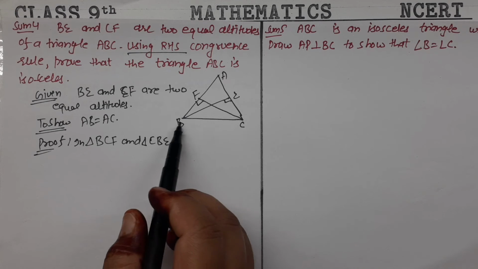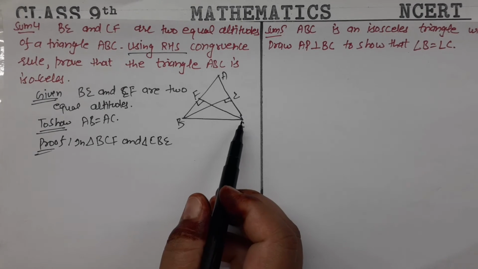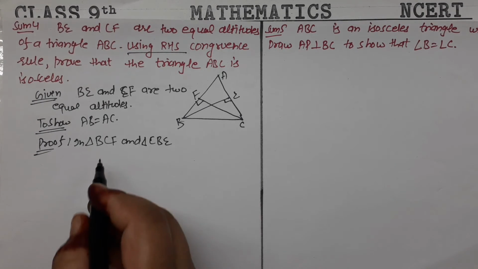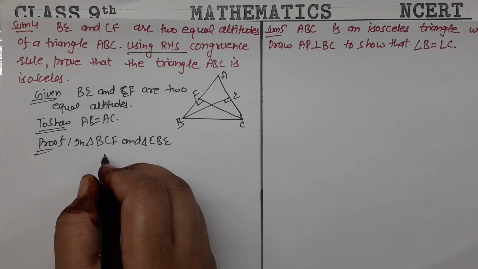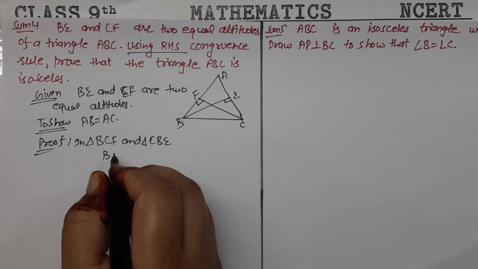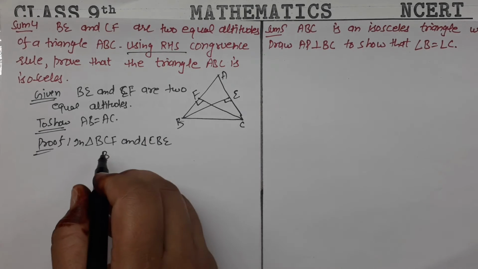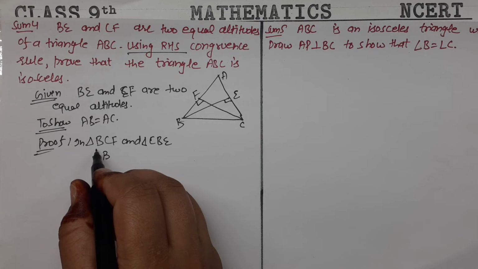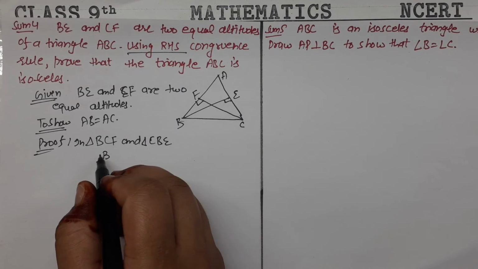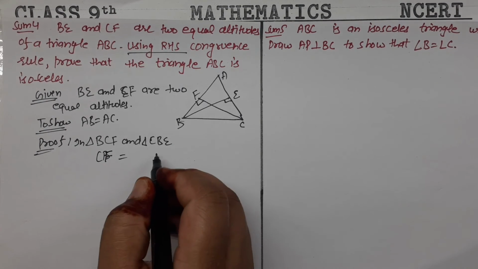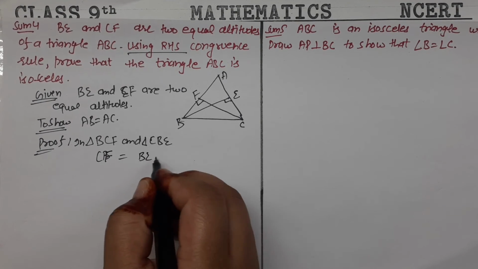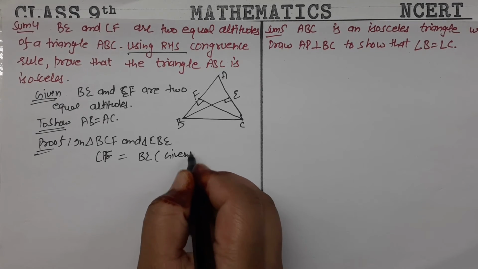In triangle BCF and CBE, CF equal to BE, given altitudes.